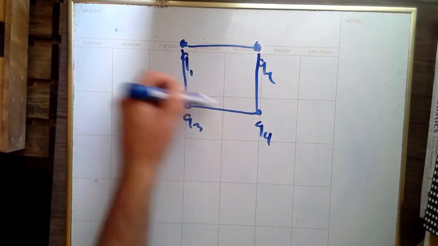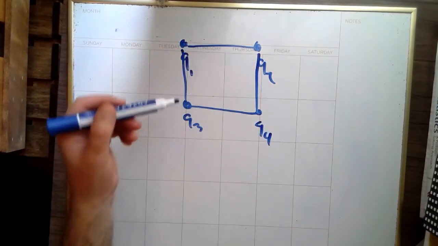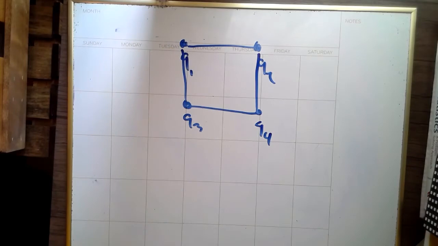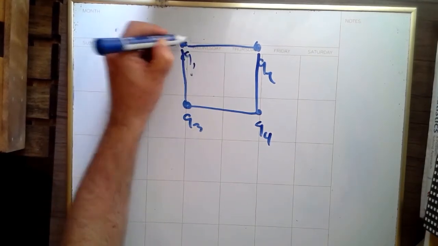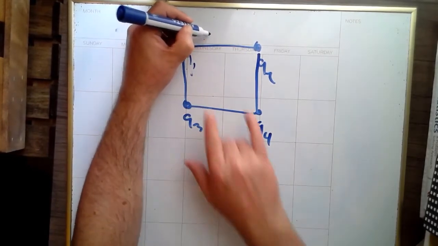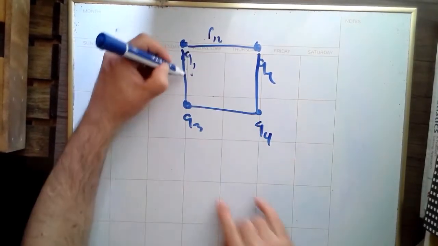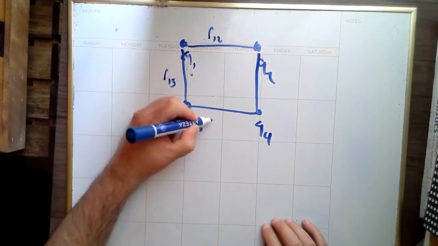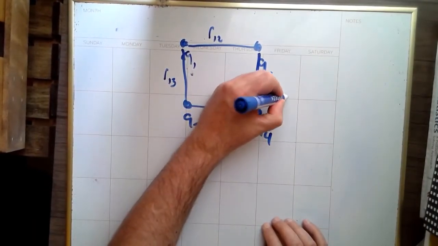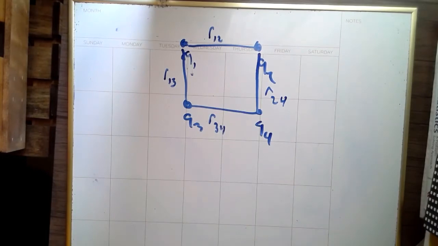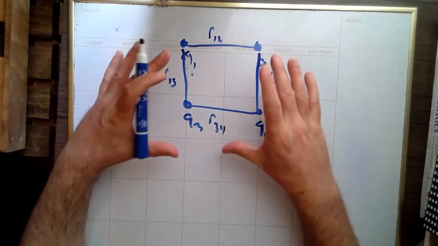If this is a square, then obviously all the sides would be the same. But let's say just for simplicity or for completeness, all the distances are not all the same. So here we have the distance between 1 and 2, the distance 1 and 3, distance 3 and 4, and distance 2 and 4. And I wanted to figure out how much energy is required to squish these charges together.